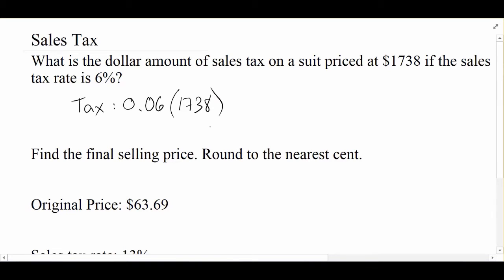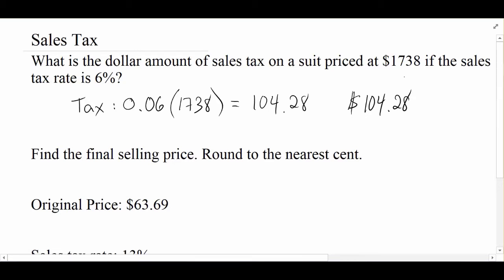And we just grab our calculator for that. This is just a straight up calculation, so I'm not going to do it on the screen. And this would give us 104.28. So our tax on this, let me write that a little bit nicer. Our tax is $104.28.